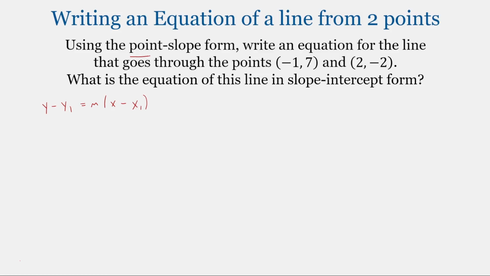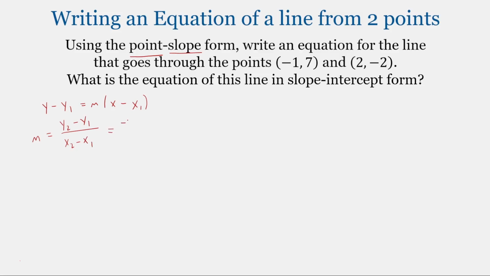So we need a point that is on that line, and we need the slope of that line. Well, we have a point. Again, we do have 2 points. So let's find that slope. So slope is equal to y2 minus y1 all over x2 minus x1.